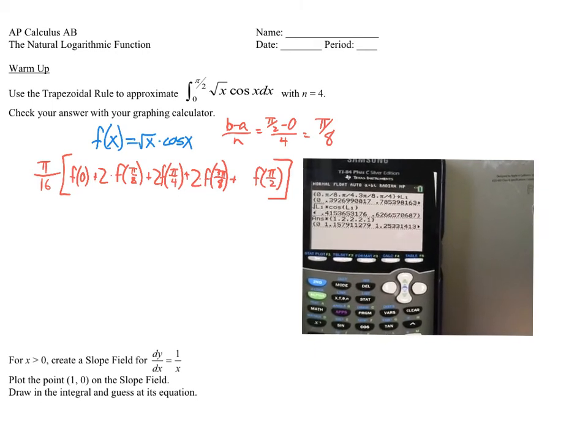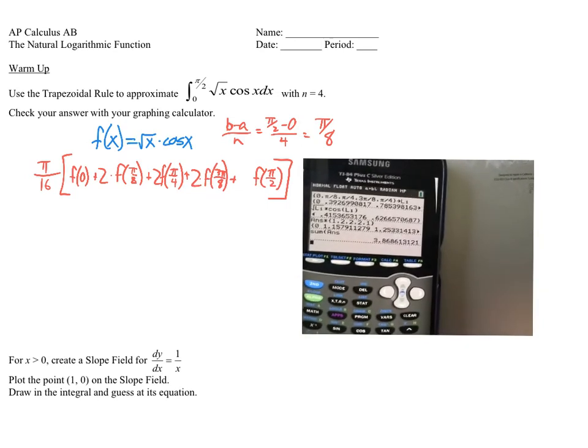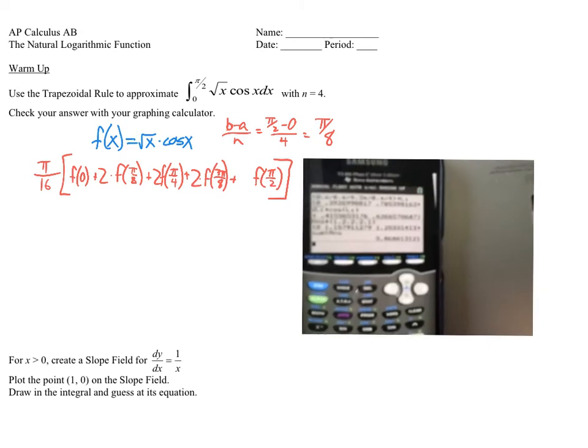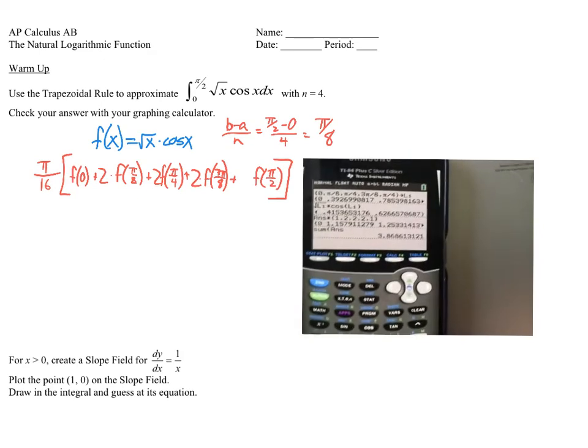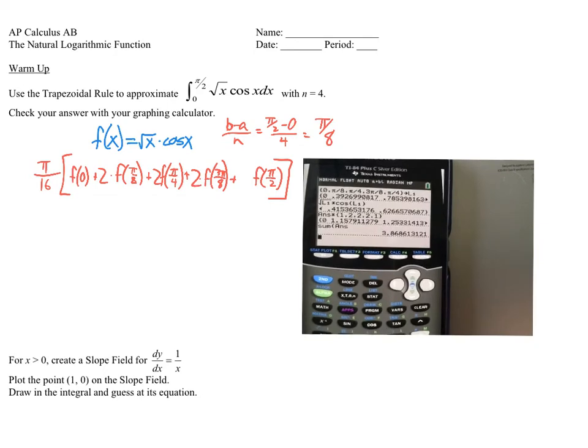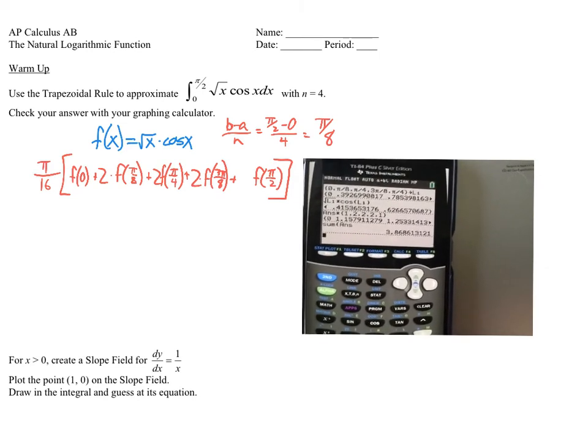Sum of the answer, and in the parentheses I can see now that that adds up to 3.8686 and so on. So my answer now is pi over 16 times 3.8686.